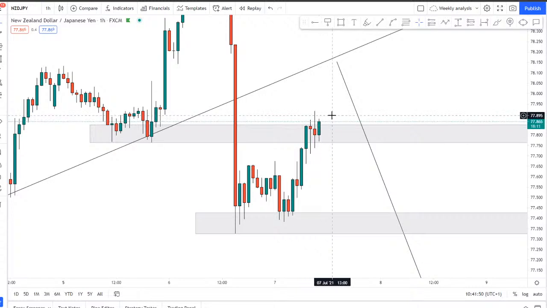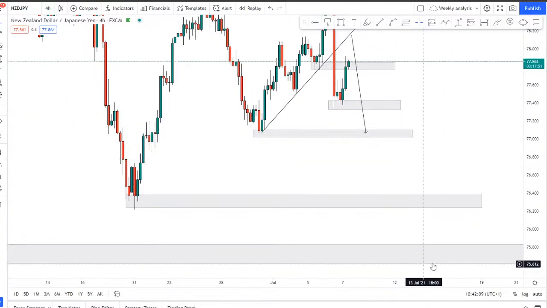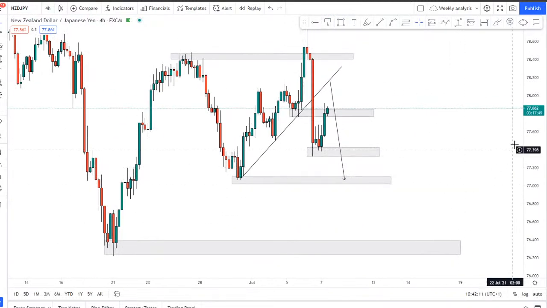So I want to see some strength with the bears before I look to enter, and the risk to reward in this trade does look very good if it does play out. So I do have my eyes on NZJPY for shorts, and potentially targeting this daily low all the way down there as well if it does play out.